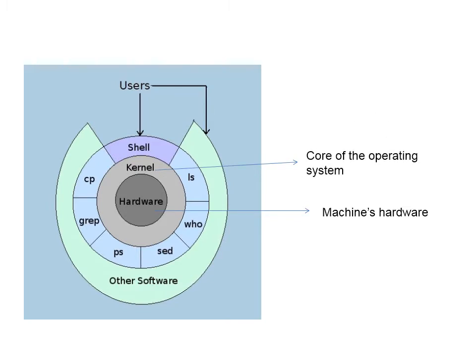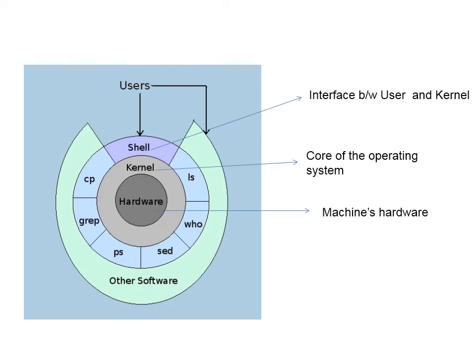The next layer is the kernel, which is the core of the operating system, the hub we can say. It basically gives us many services. It is a computer program that manages input-output requests from software. It provides us with functions like resource allocation, memory allocation, process management, input-output management and protection management.